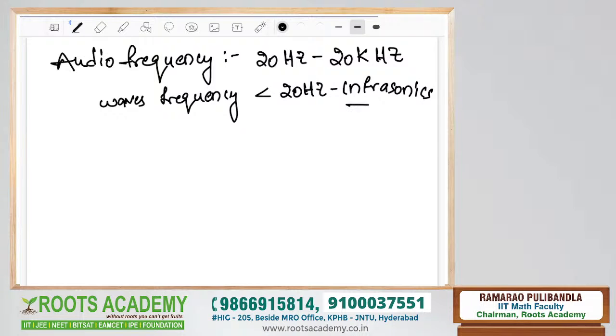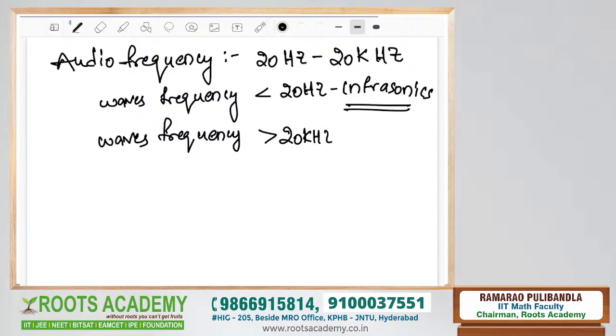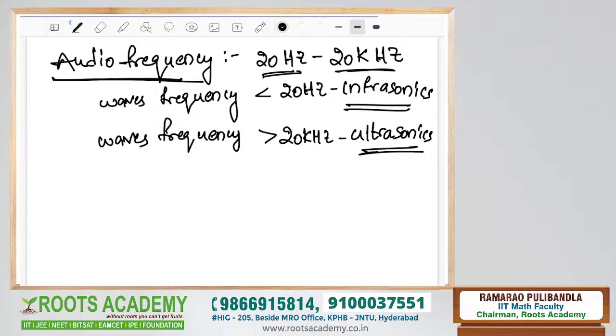And the waves whose frequency is greater than 20 kilohertz are said to be ultrasonics. This could be asked as a bit question. The general audio frequency ranges from 20 hertz to 20 kilohertz.